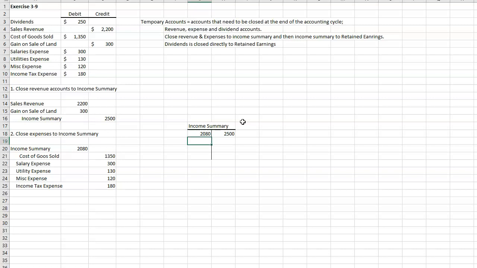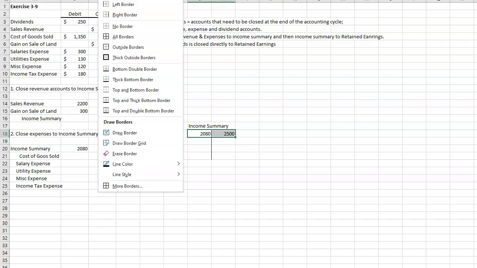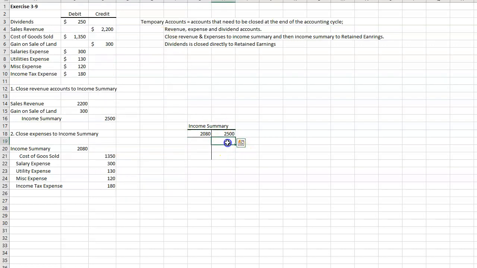That represents my expenses. And if I balance out this income summary account at this point, I'm going to have $2,500 minus $2,080. All right, so I'm going to have $420 left. This $420 here is basically net income. All right, if it ended up being expenses were more than revenue, then it would be a net loss. But if I had all the financial statements, that should tie to net income on the income statement.